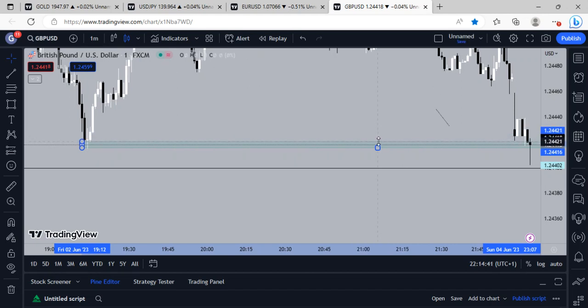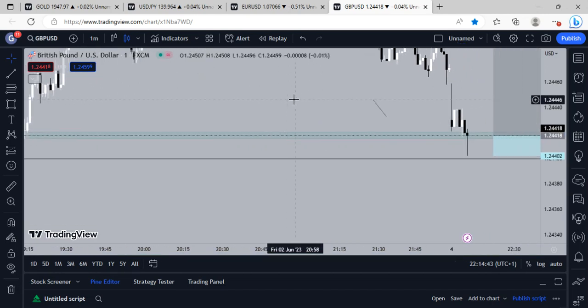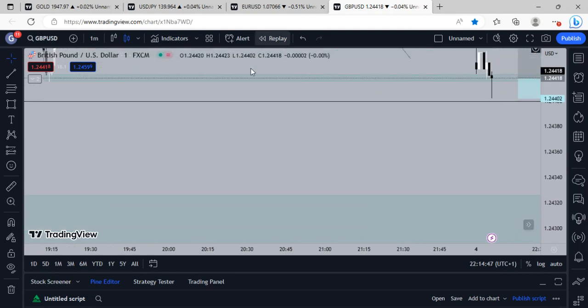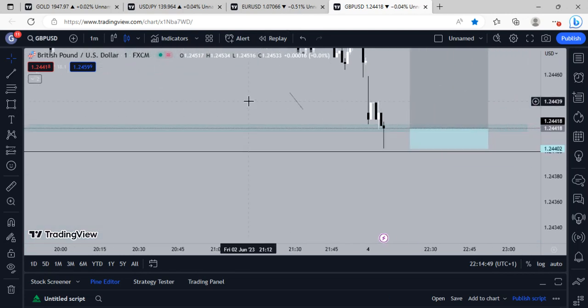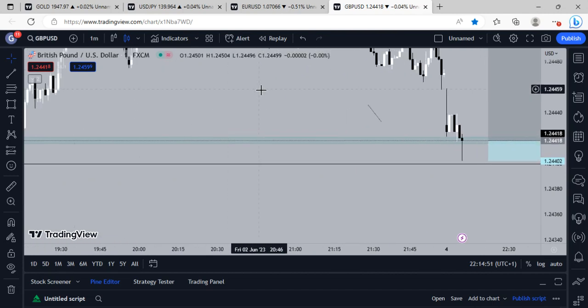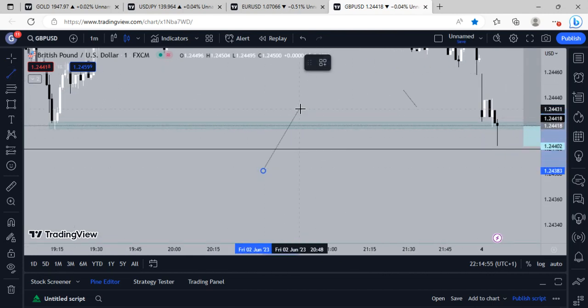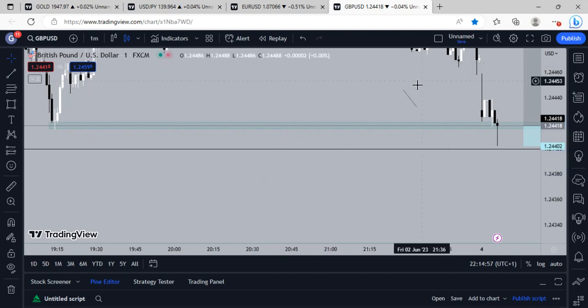So we have an order block over there, and we can enter because we already have a sweep. So we can look for a buy. That is very much valid.